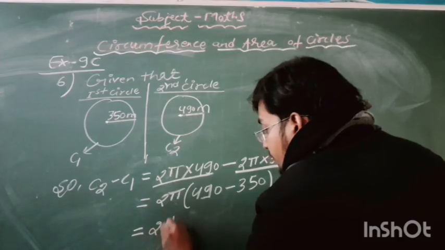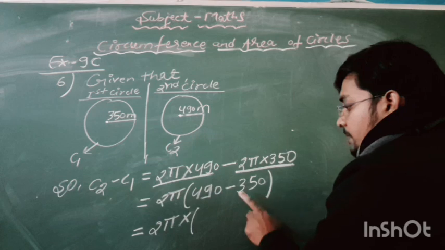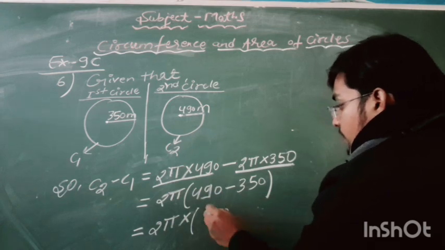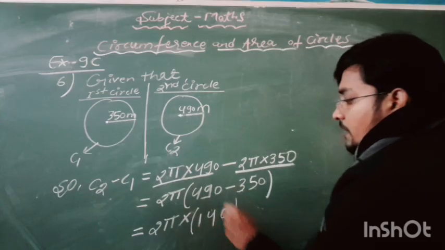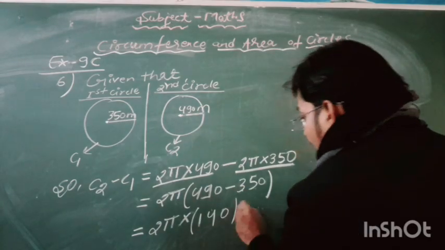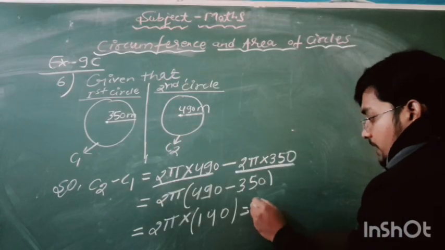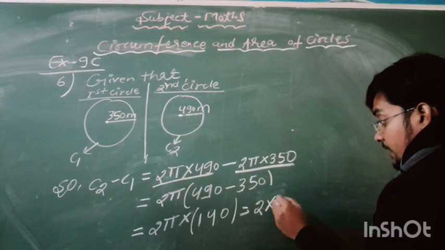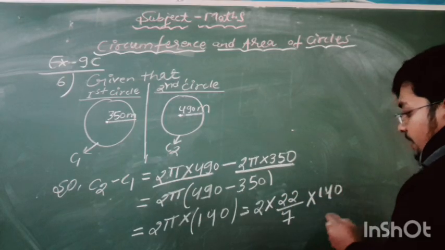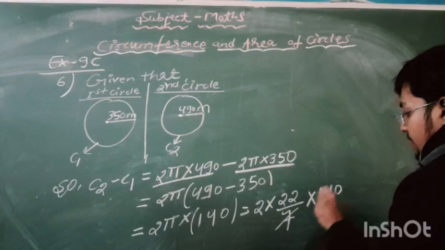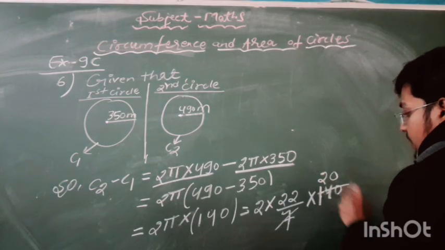So 2 pi into the difference of 490 and 350 is 0, 9 minus 5, 4 minus 3, 140. And the value of pi is 22 by 7 for calculation. So we put here 22 by 7 into 140, and here 7 2s are 14 and 0.